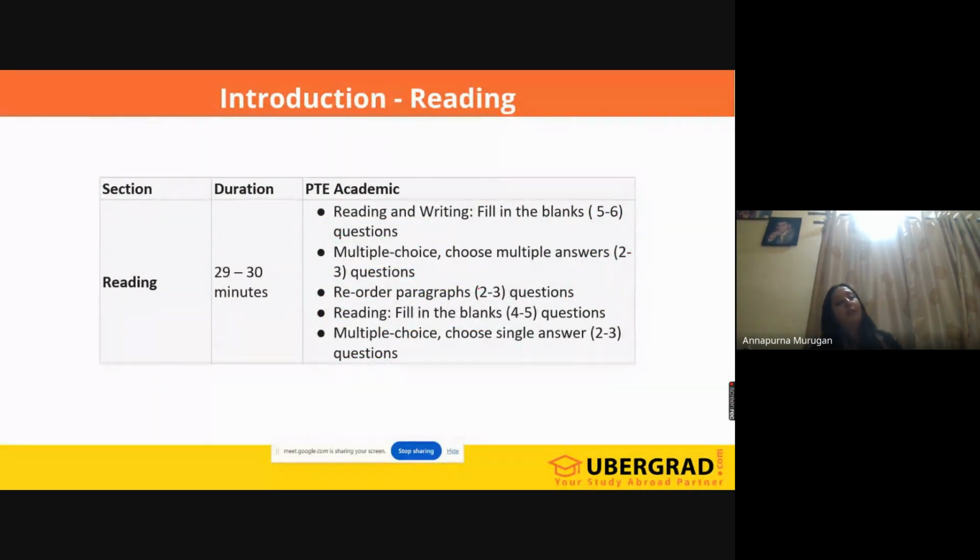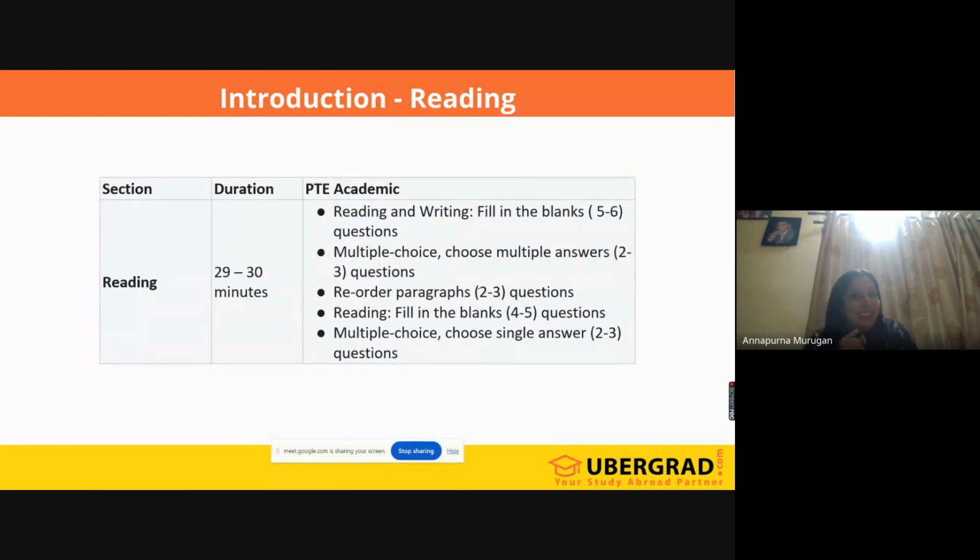Now let me go to reading. One good thing about your reading in PTE is that the passages are not lengthy, guys. Don't worry. Of all the students who give this English language test, for many of them this reading section is a big problem. Why?